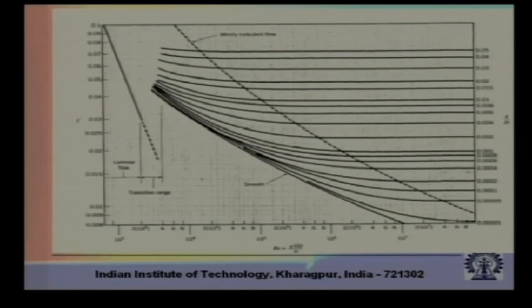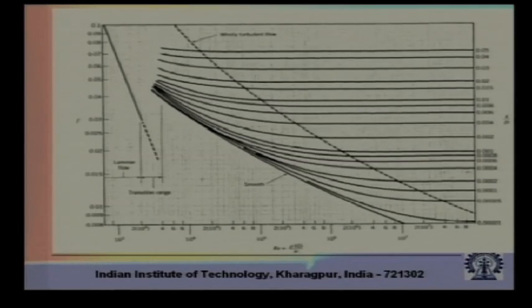Average velocity you can find out by Q divided by pi d square by 4. The density of the water at that particular condition is known, and the velocity is also there. So from that you can find out the Reynolds number. Epsilon is given and d is given.